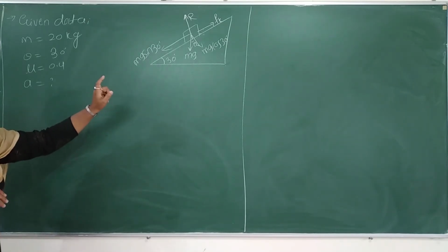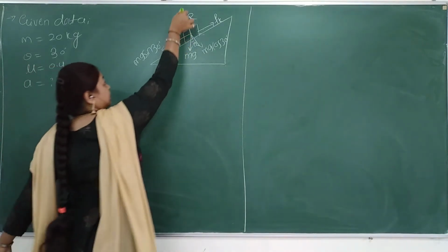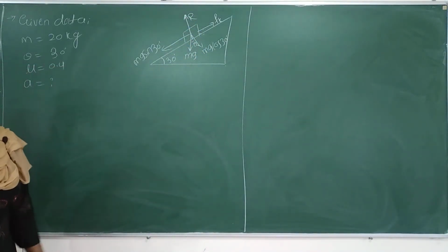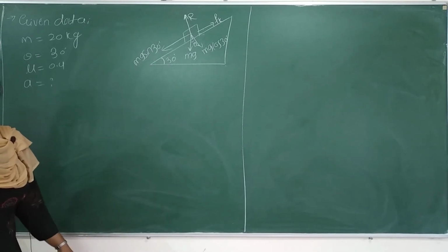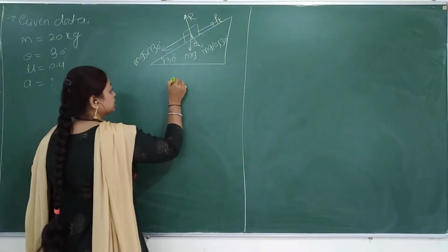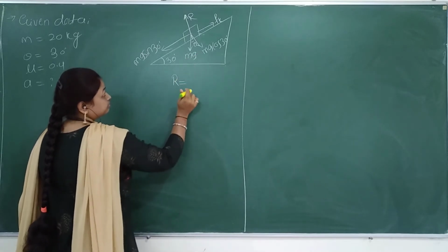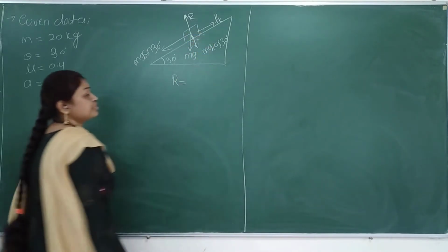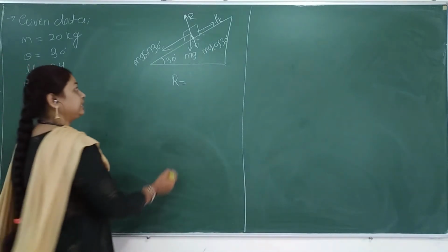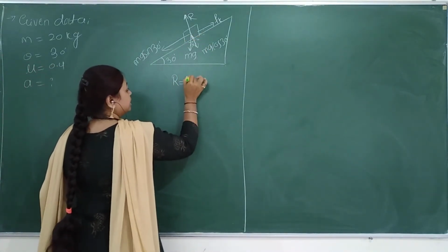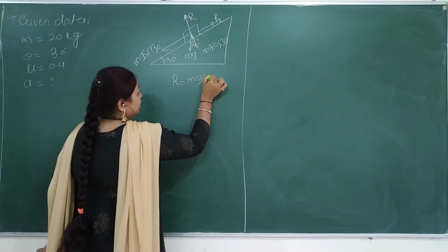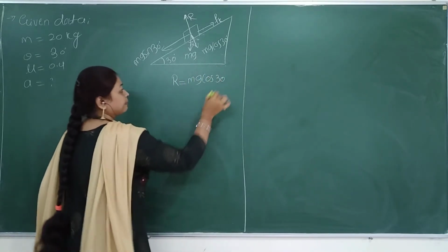All of you, now first see the perpendicular motion. So in this motion, how many forces are acting on the body or a block or a box? Normal reaction R is equal to mg cos theta, that is cos 30. Right here, this normal reaction is balancing this component mg cos 30.